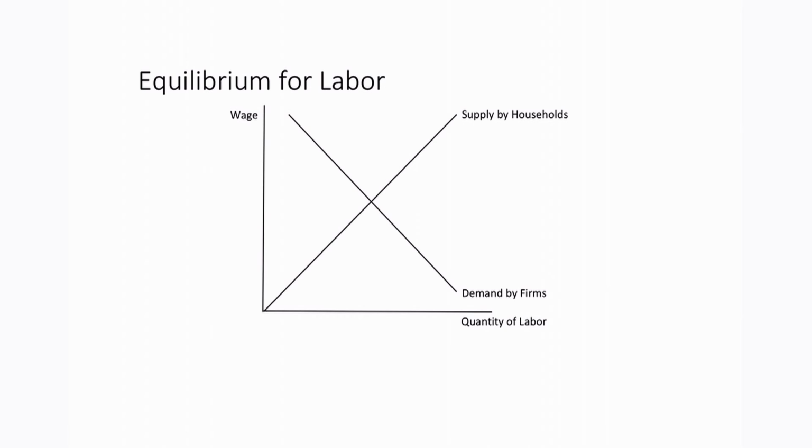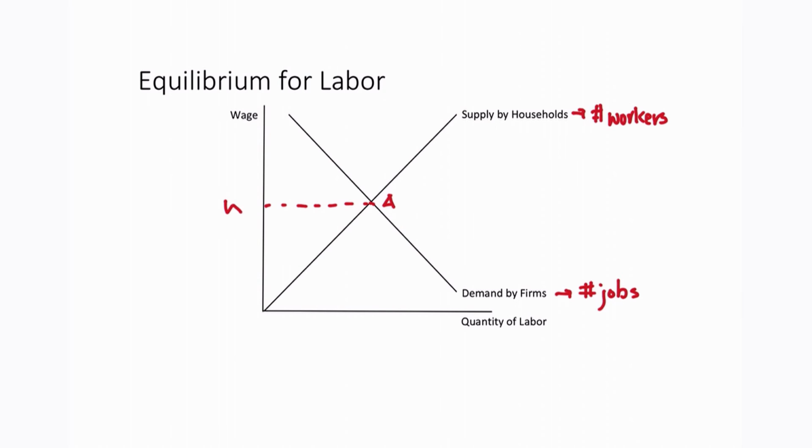Now, when we bring the supply and demand together, we see that the demand for labor by firms is going to tell us the number of jobs that are available for workers. And the supply of labor by the household is going to tell us the total number of workers that are available. At the point where the number of workers equals the number of jobs, which we'll call point A, this will be our equilibrium.